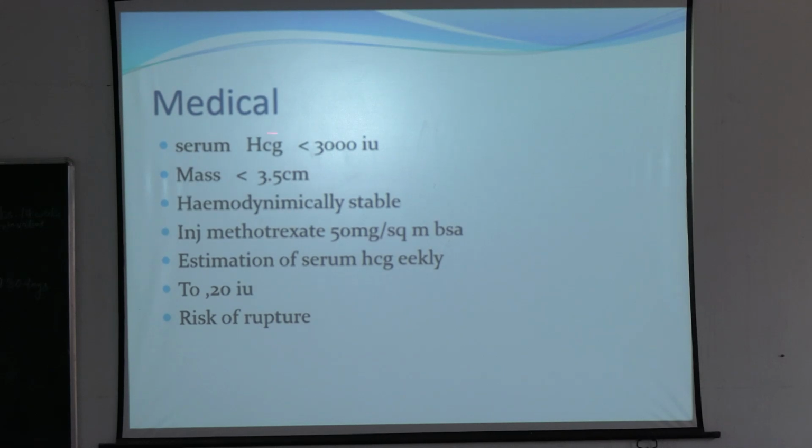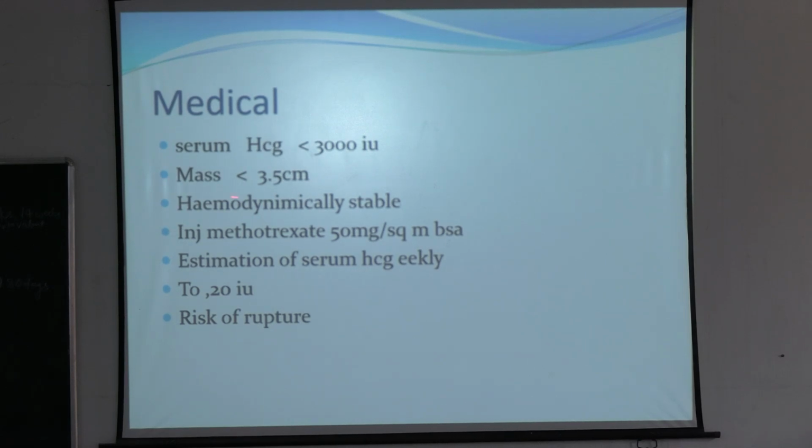So serum HCG, which we are talking about: for planning of medical treatment, serum HCG estimation is to be done. It must be less than 3000 units. Somehow it is written less than 2000 units. If the amount is less, the more successful the medical treatment will be.